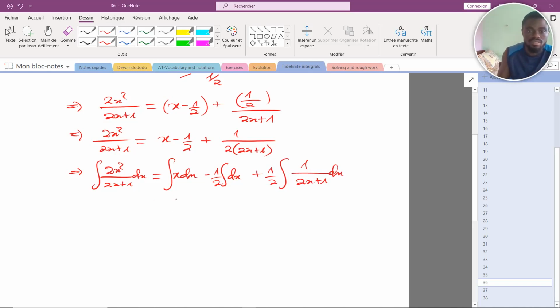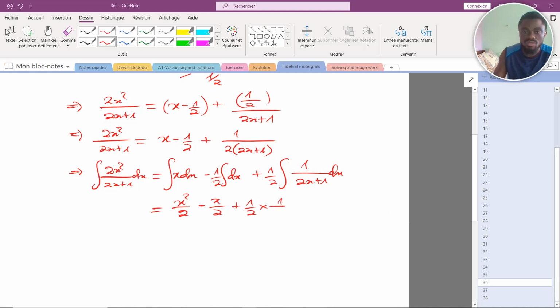Now, the integral of this is simply x squared over 2. The integral of this is simply x, so minus x over 2, plus a half times what? How do I integrate this? This is simply the integral of 1 over ax+b.